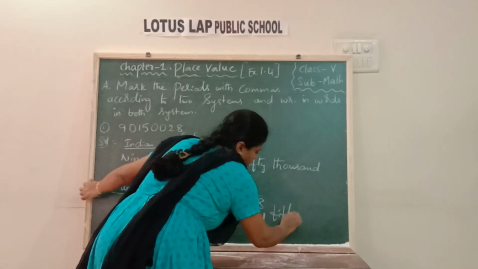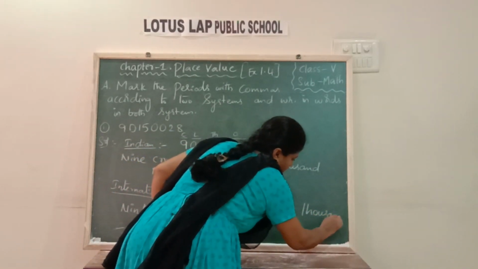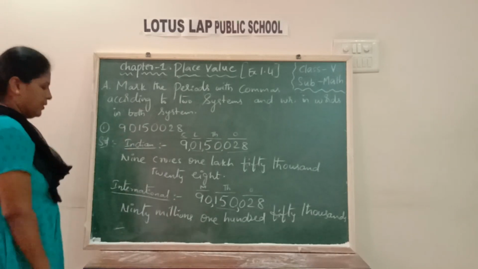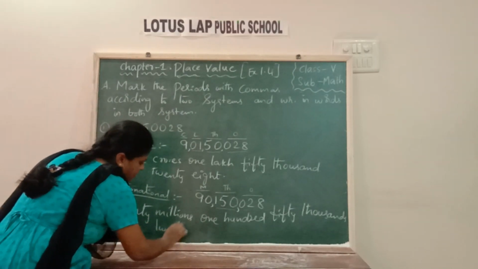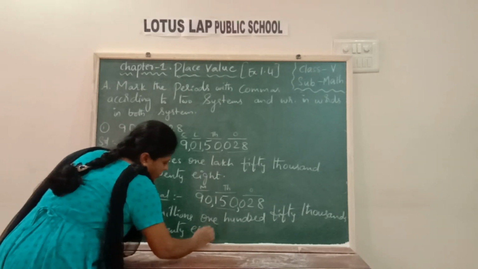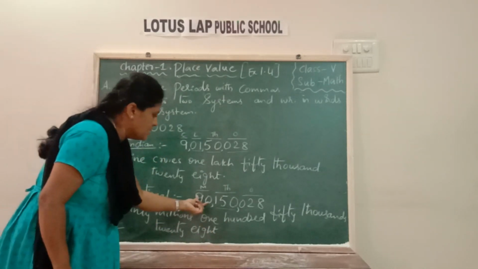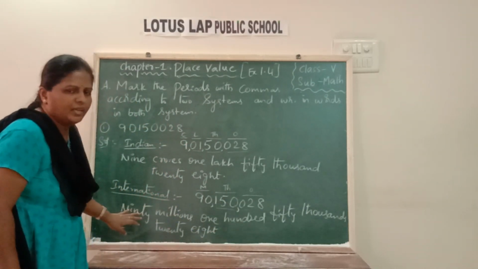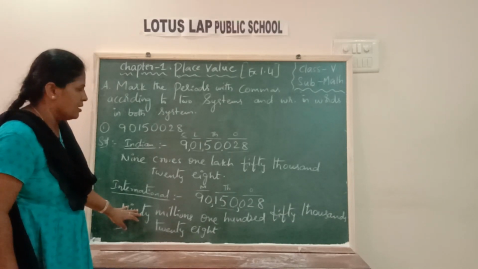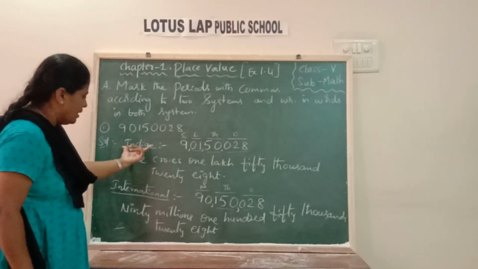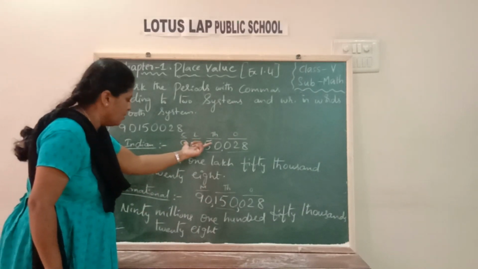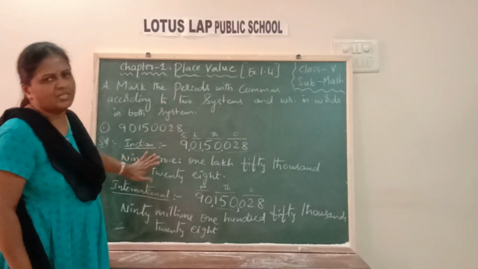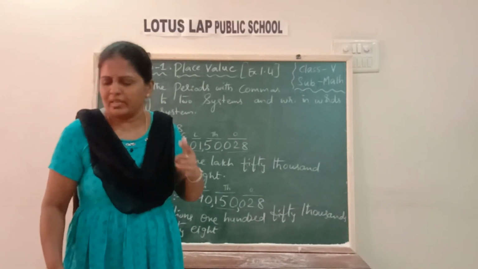Next, the last 3 digits, 028, which is 28. So 90,000,000, 150,000, 28. This is how you write the same number in the international system, children. So, write the headings Indian and international, copy the numbers in both, place the commas and write the number name. That's all in the first bit, children. Remaining sums in the first bit you can complete.